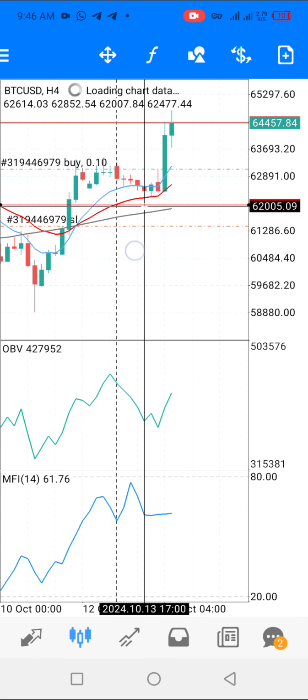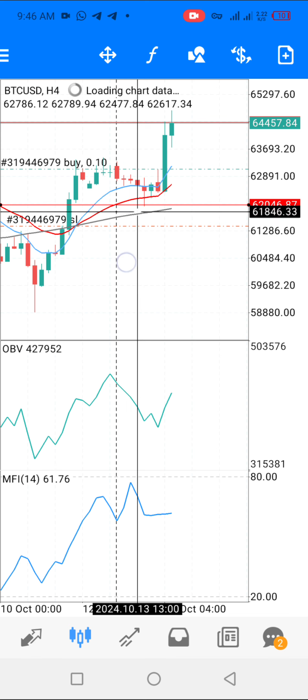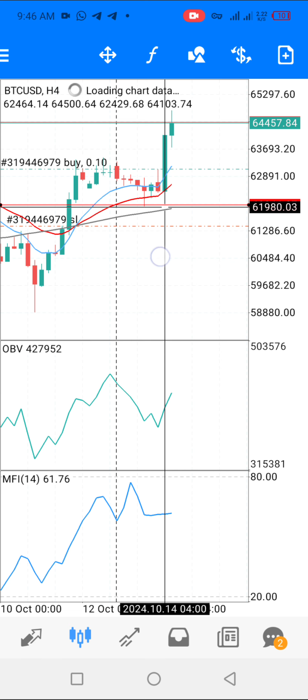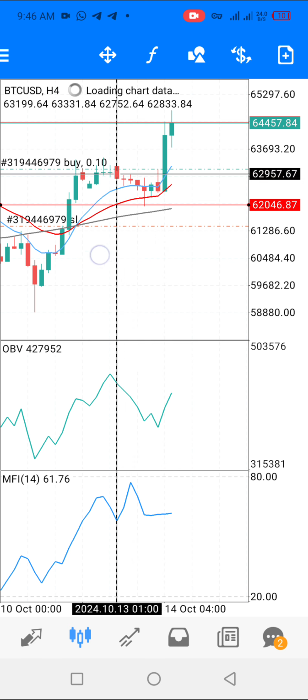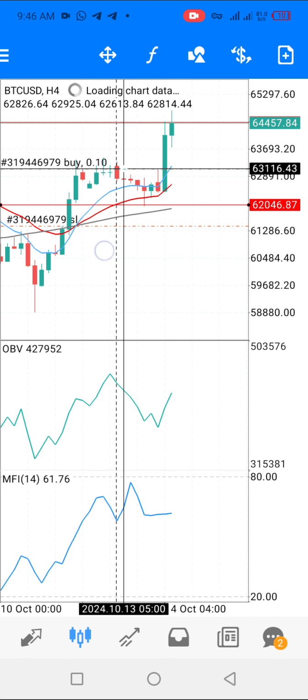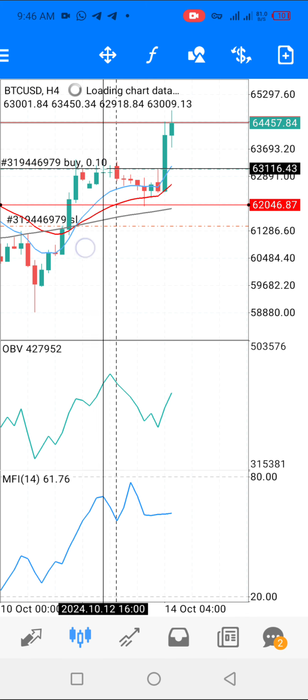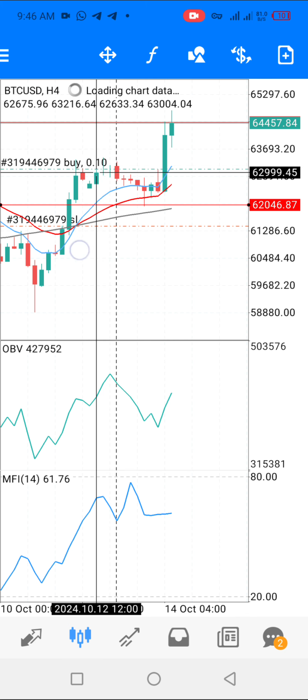It never came to where I placed my stop loss, and the next thing, we had a sharp move upward, and we are already in profit. This is your trade. The trade is here, where you see these green dashed lines. They are the trade. That's the point of entry.